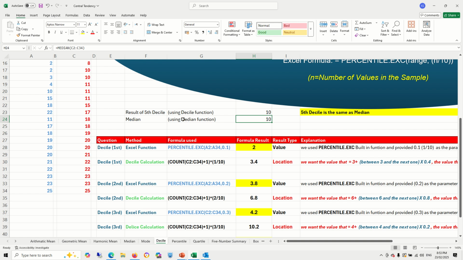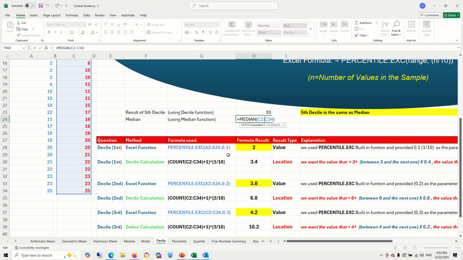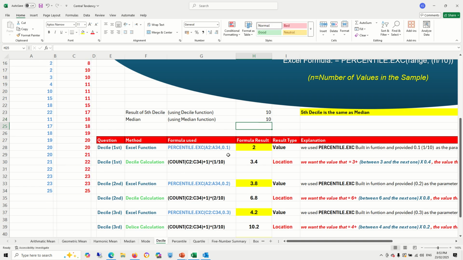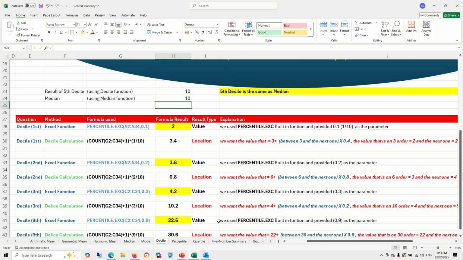At the same time, the median equals median, and highlight all the range, it will give us also the same result, which is 10. So let us see how to get the first decile using Excel function. We will apply percentile.exc, and the same way highlight the whole range, comma, 0.1. So let us apply it here, as you see here.